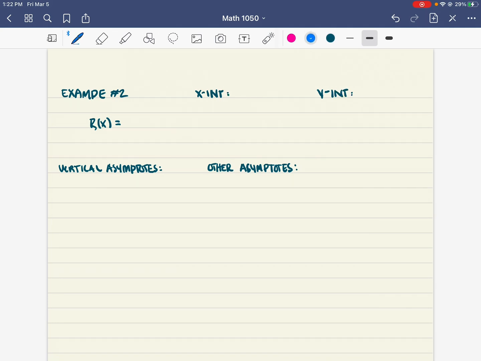and I'll just remind myself how to do both of those. For the x-intercepts, you set the numerator equal to 0, and for the y-intercept, you plug in 0.